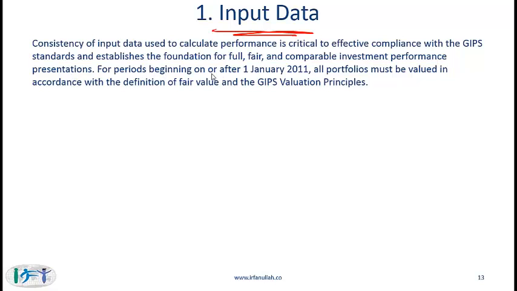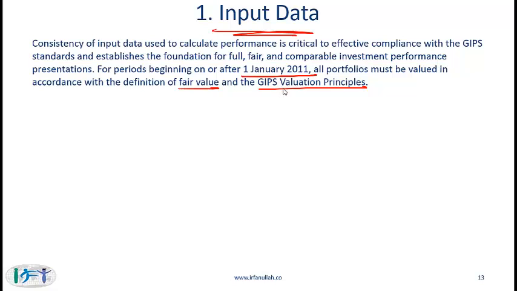For periods beginning on or after 1st January 2011, all portfolios must be valued in accordance with the definition of fair value and the GIPS valuation principles. So the simple summary is that the input data should be good.